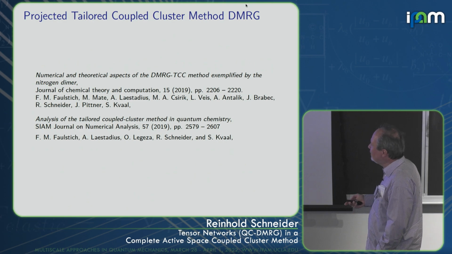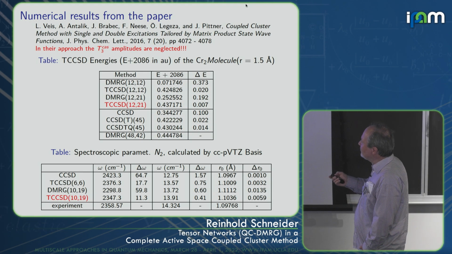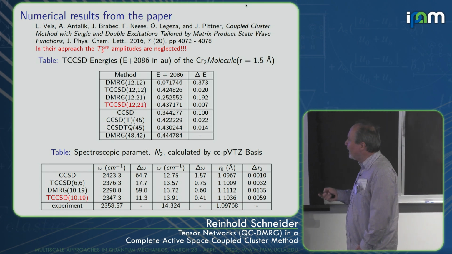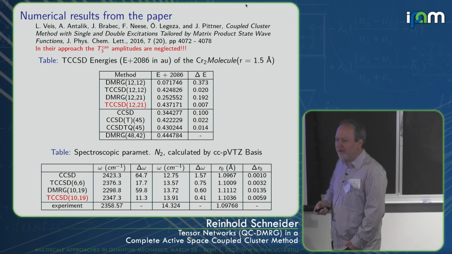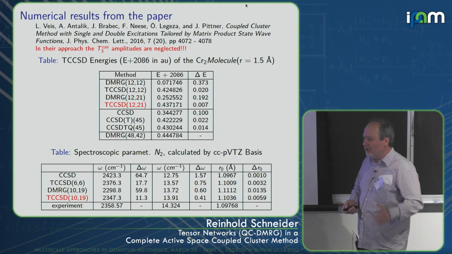For this additional correction term, this method comes into play. Here are two papers of ours, and in particular in this paper, they applied this ansatz to the dissociation of diatomic molecules. Typical ones, nitrogen N2, chromium Cr2, and so on.